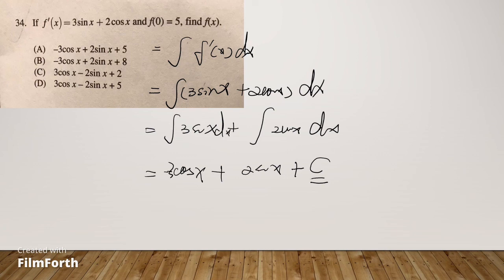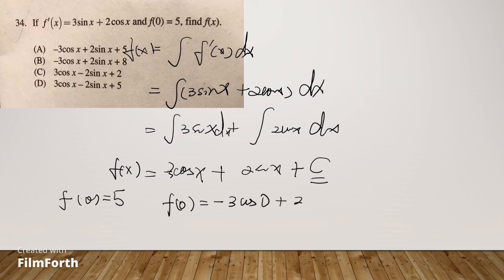Okay, from the given condition, f of 0 equals 5. So this is the f of x function. So we plug in x equals 0. So f of 0 equals negative 3 cosine 0 plus 2 sine 0 plus constant equals 5.